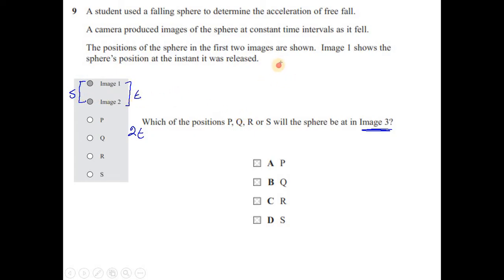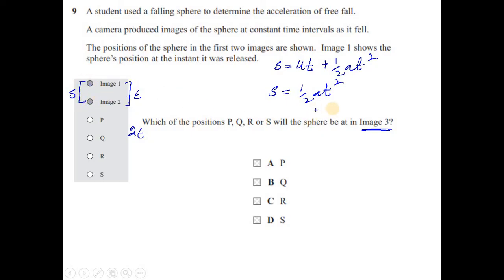we use s equals ut plus half at squared, and u is 0, that means s is equal to half of at squared. This s is the distance when time t is taken by the sphere. So this s is for these two images.